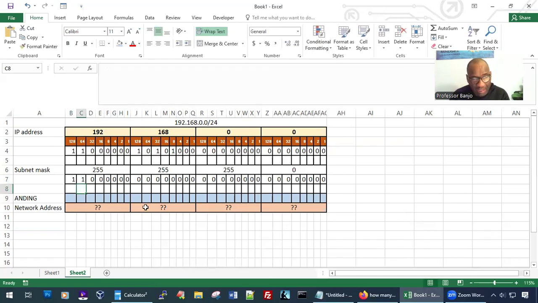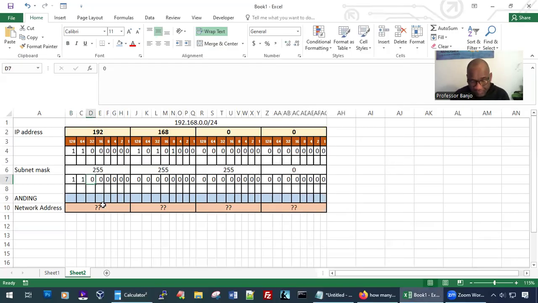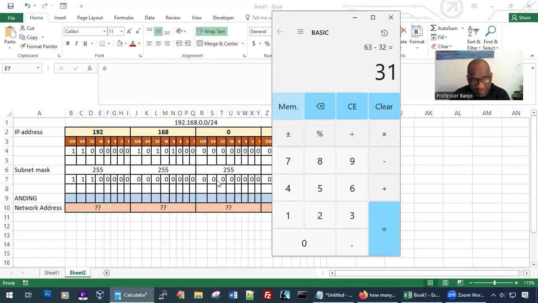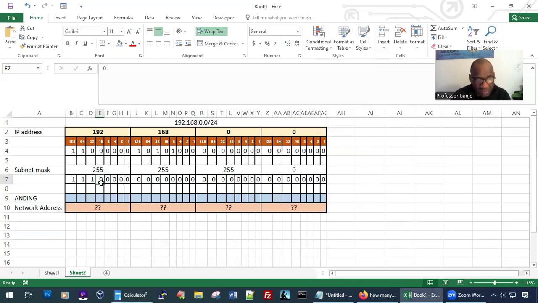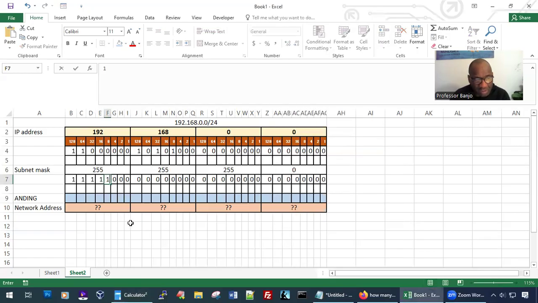And then minus 32, you've got 31, so another 1 goes here. You're going to find out it's all ones all through. Then minus 16 is equal to 15, so another 1 here. Then 8 minus 8, that's 7, so a 1 goes here.